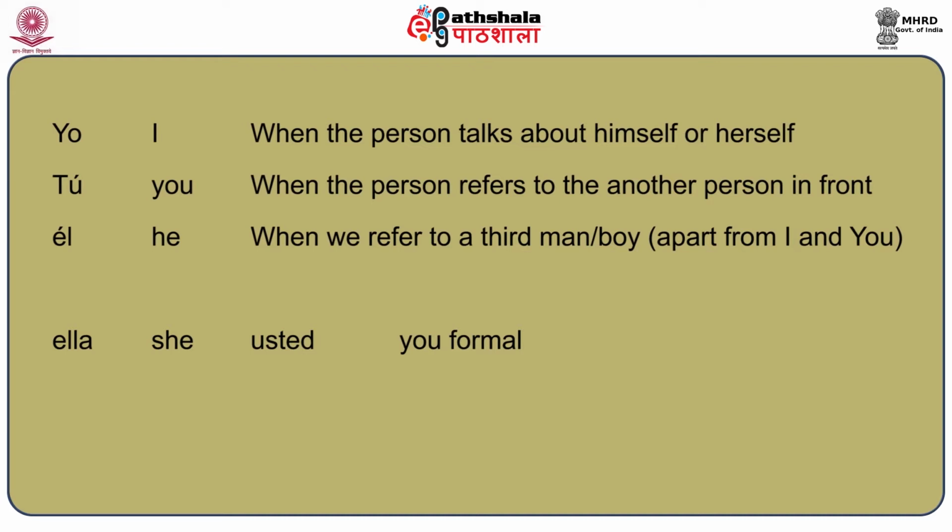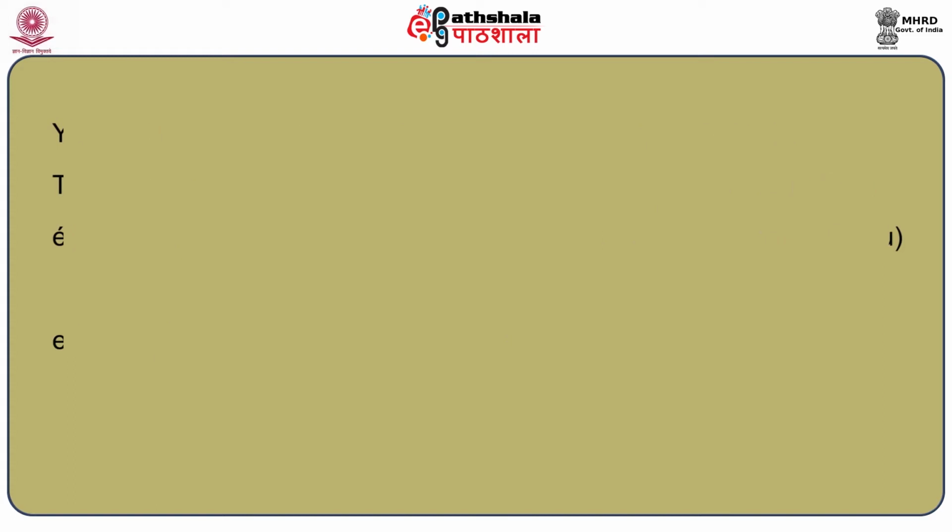So if I am talking to another person, then I say tú, and in the same way él refers to a third man or a boy, and ella refers to a third girl or woman, and usted is the formal way of saying you. It is used to address someone directly in a respectful way. It follows the same conjugation as the third person, but it is used to refer to someone directly and respectfully, like we say आप in Hindi.